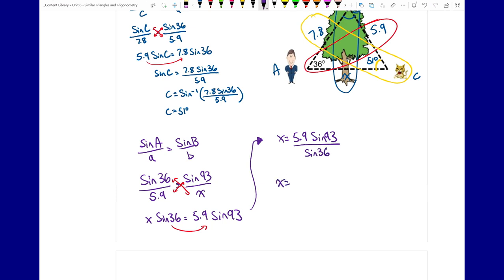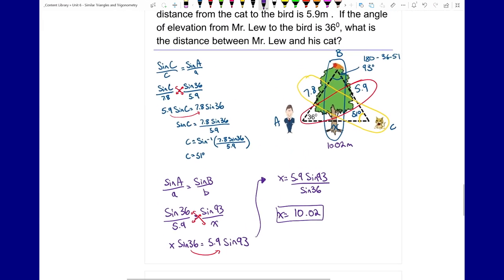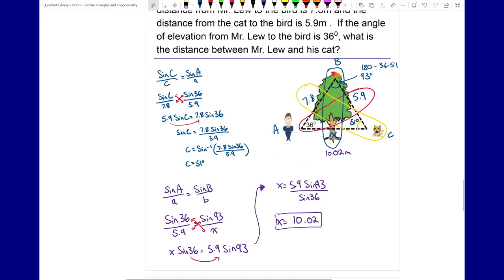This just becomes a calculation. And we get a value of 10.02. So that is how far apart myself and Chester, or my cat, are. We are 10.02 meters apart, or across from each other.